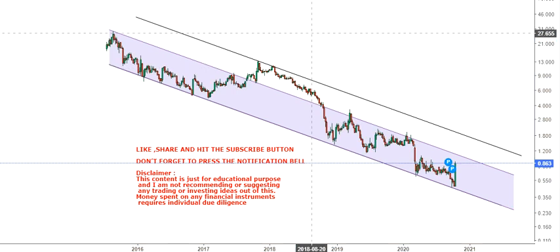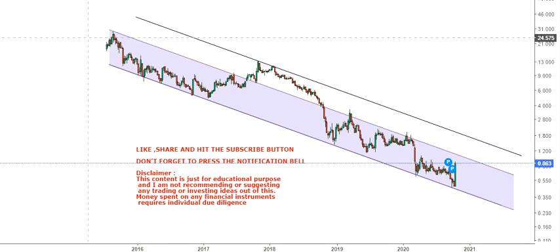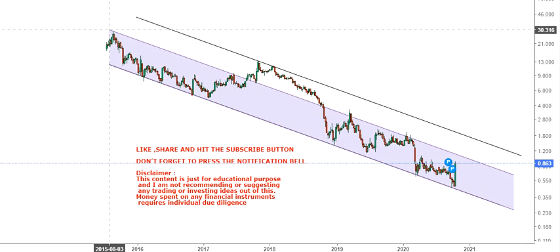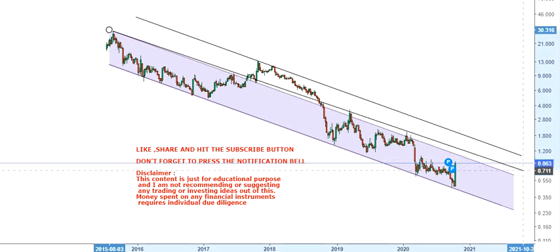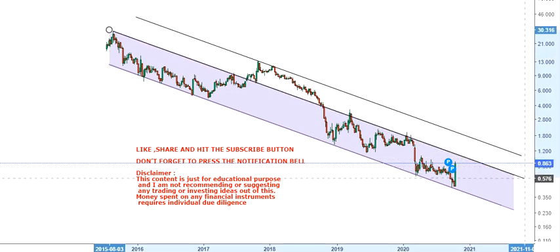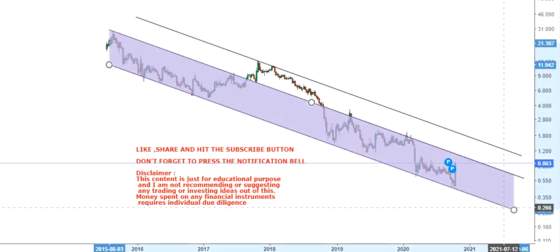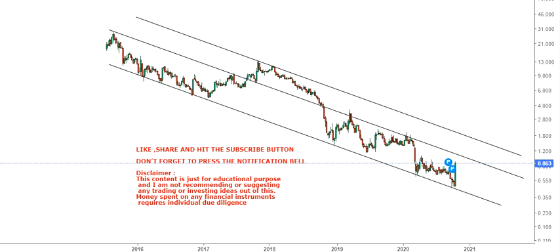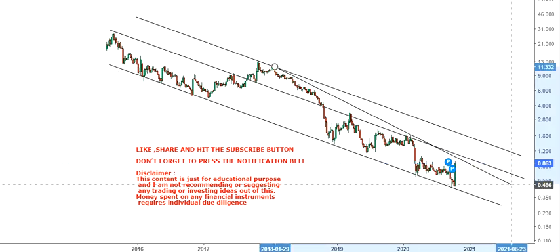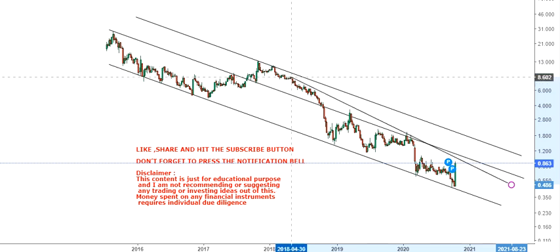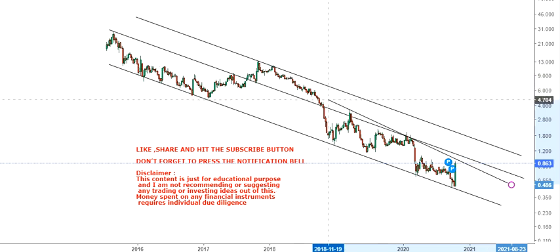Now look at this one. You will have a fair amount of idea about how the stock is moving. So here is the trend, and now you can see you have your support and a resistance level.